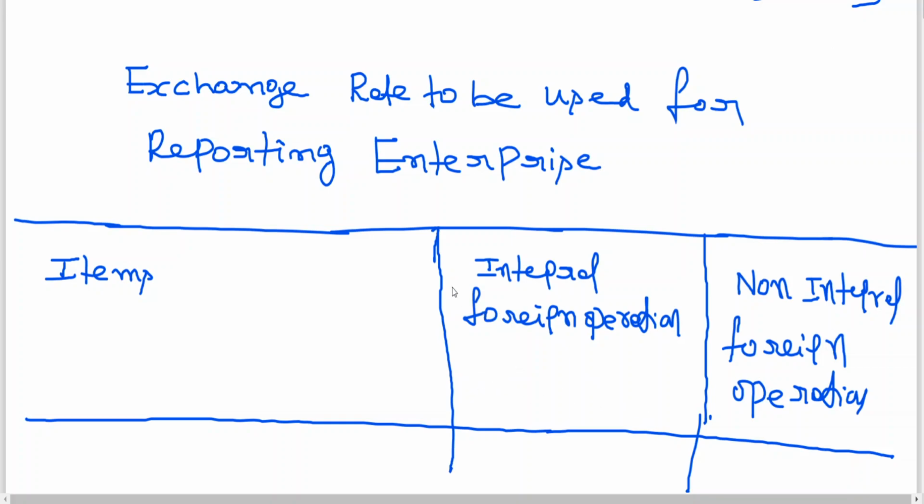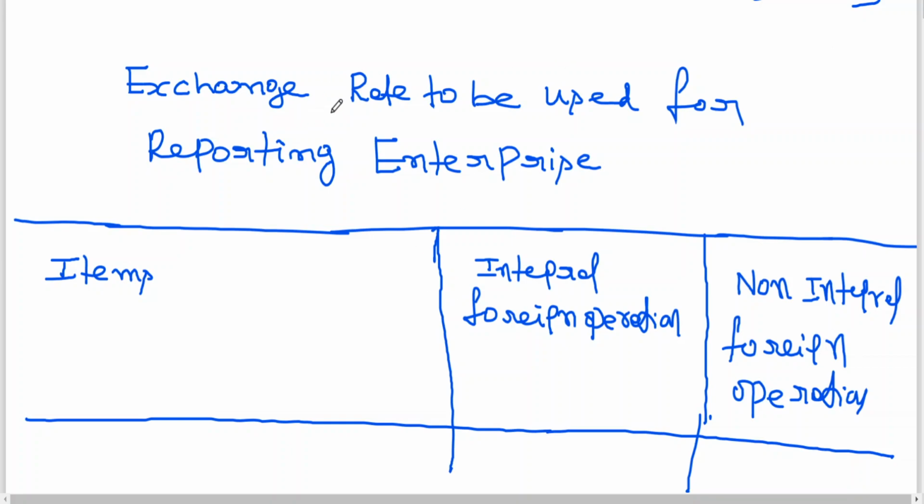Opening rate means the beginning of the accounting year. Closing rate is the end of the accounting year. Average rate is opening plus closing divided by 2; usually the average rate will be given. And actual exchange rate applies when you are acquiring an asset or stock, the actual exchange rate as on the date, if records are available. So that is what we will be learning.